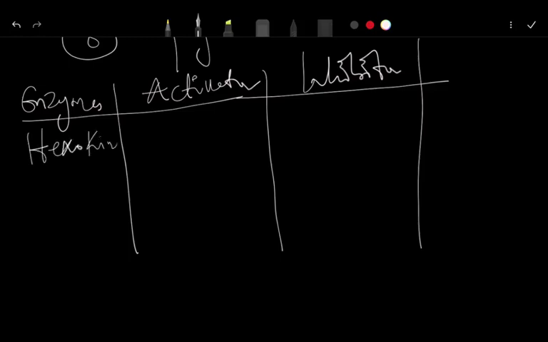Now, I will take the first enzyme, hexokinase. Hexokinase is found in all cells. And what do you think will be the activator of hexokinase? It doesn't really have a well-defined activator, so we can just put glucose there because glucose is the substrate.